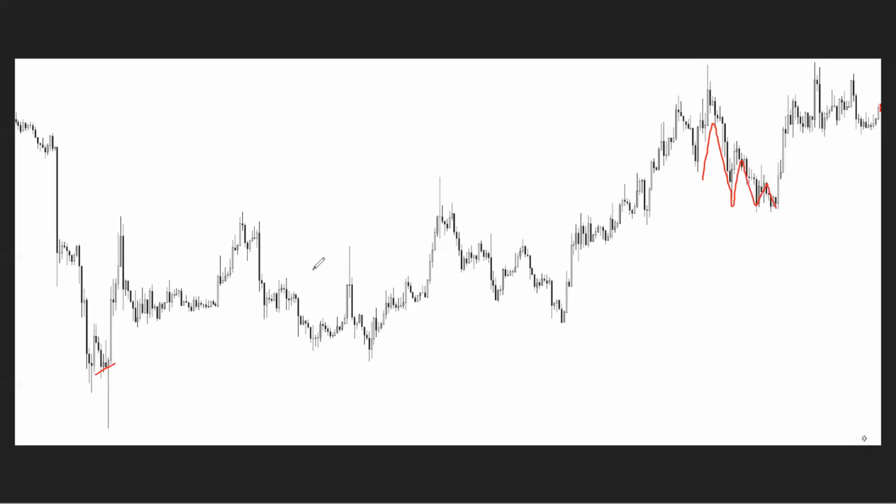But the context here, price is bullish. On higher time frames, it's making higher highs and higher lows, okay? And so you can expect price to be finding support somewhere in this structure, okay?